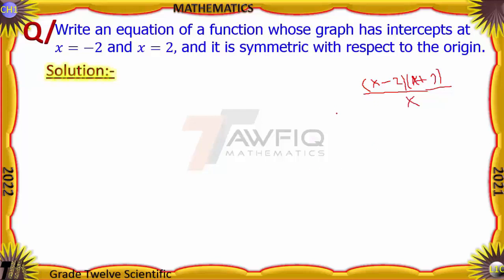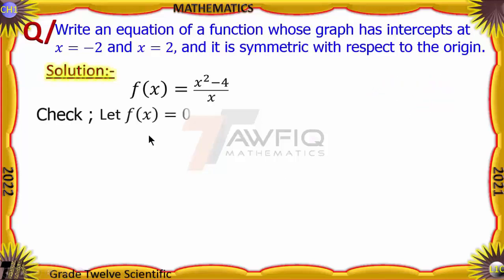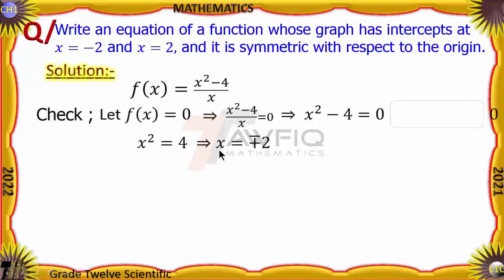Then when we open the brackets, f(x) equals x squared minus 4 over x. To check whether this is true or false, let f(x) equal 0, then x squared minus 4 over x equals 0, then x squared minus 4 is equal to 0, then x squared equals 4, then x equals plus or minus 2.